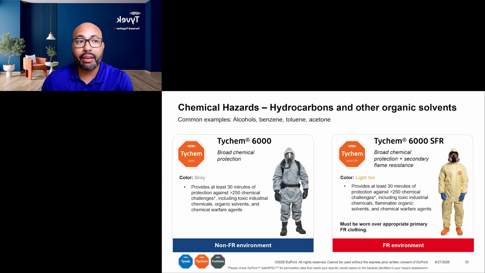If you are in an FR environment, choose our Tychem 6000 SFR, which is on the right, the yellow suit, as it provides protection against 250 chemical challenges as well as that secondary FR protection. This is the last time I say it, but we must put it in our heads: SFR protective clothing is to be worn over primary FR clothing.